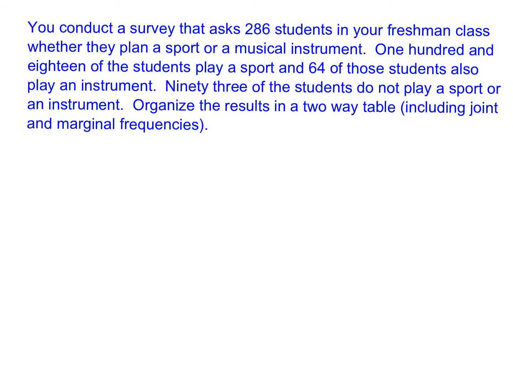It says, you conducted a survey that asks 286 students in your freshman class whether they play a sport or a musical instrument. So we have sport as one category and musical instrument as another category. I'm going to start off with the first category.